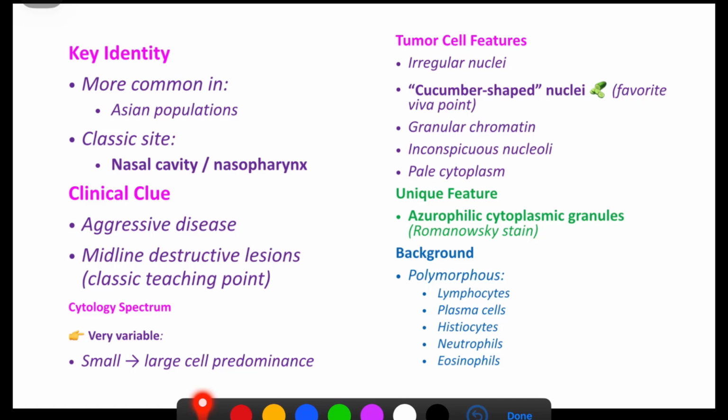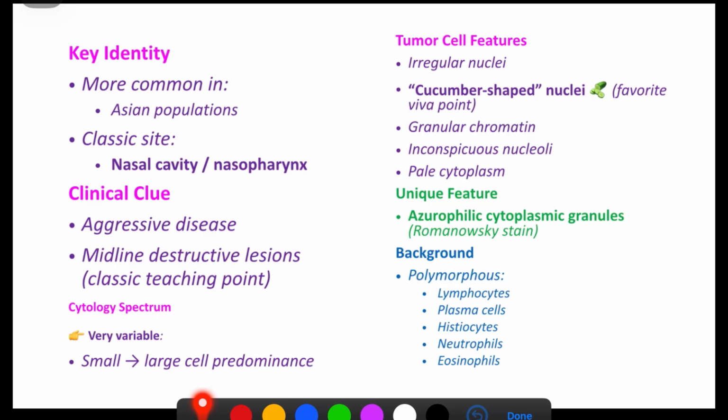This is a viva point, a favorite question for examiners: in which lymphoma will you identify cucumber shaped nuclei? Then this is the natural killer T cell lymphoma. Second is granular chromatin, inconspicuous nucleoli and pale cytoplasm.